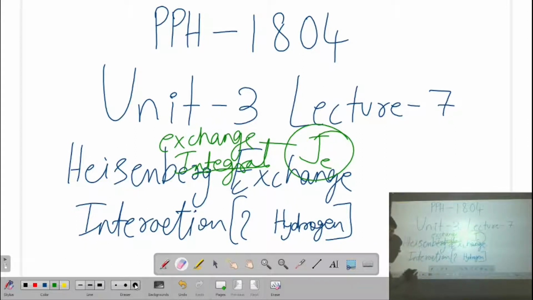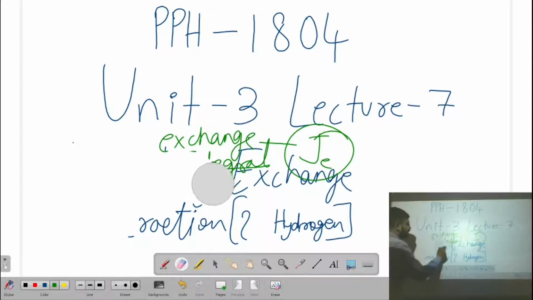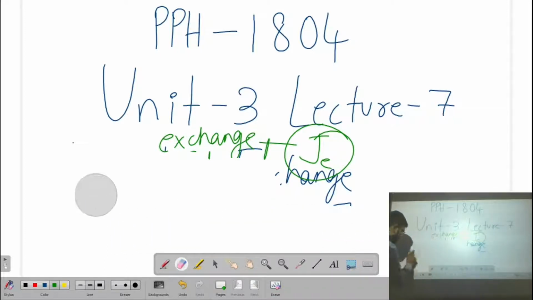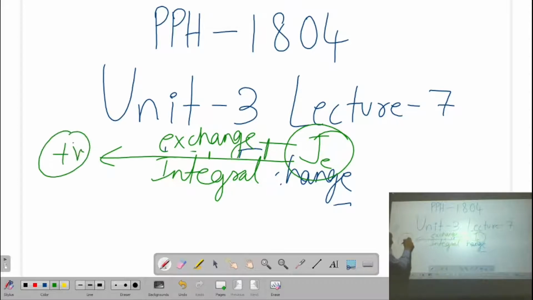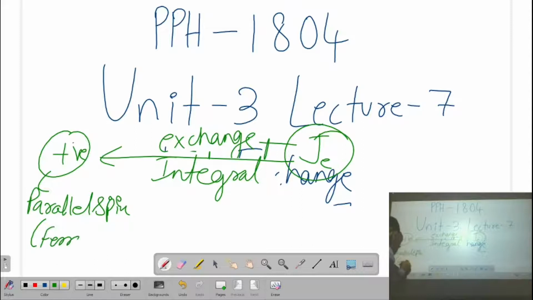If the value of J is positive, then it will allow parallel spin, that is ferromagnetism.